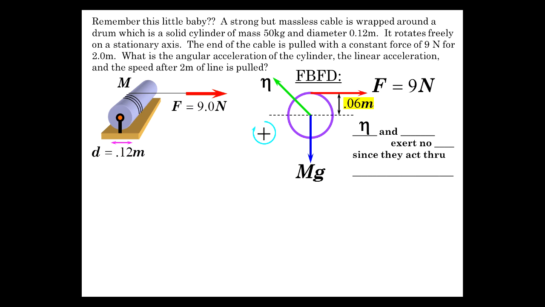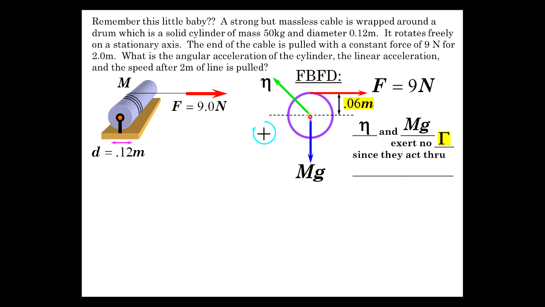And then it's important to recognize that the normal force and mg exert no torque. Now, why do they exert no torque? You might already anticipate the answer. It's rotating from this point here. So if there's a normal force acting through that point, there's no moment arm across which to apply a torque.